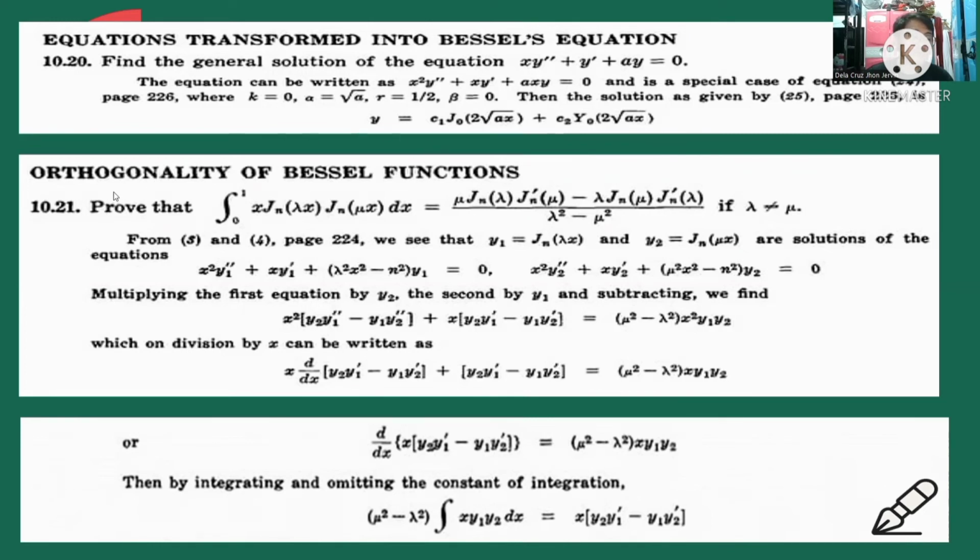Sabi rito, prove that meron tayong integral from 0 to 1 of x j sub n quantity ng lambda x j sub n quantity ng mu x dx equals naman siya sa mu j sub n quantity ng lambda j prime sub n quantity ng mu minus lambda j sub n quantity ng mu j sub n prime quantity ng lambda over lambda squared minus mu squared if lambda is not equal to mu.